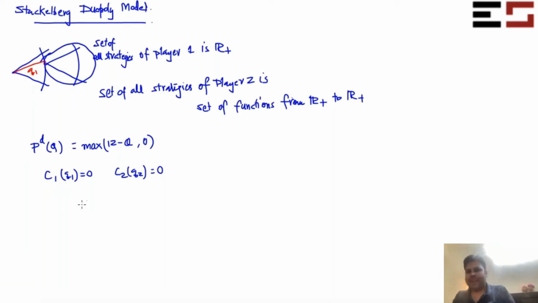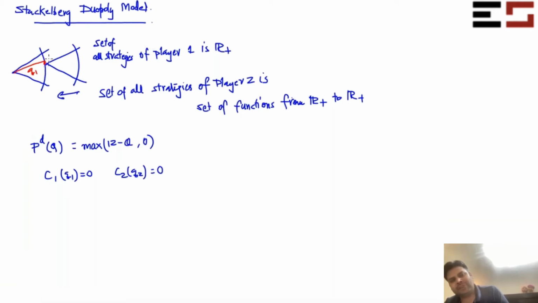So how is player 2 going to play this game? First, in the backward induction procedure, we'll have to figure out how player 2 is going to play. We are going backwards. We are first solving these games, and then we are going to solve this whole game.